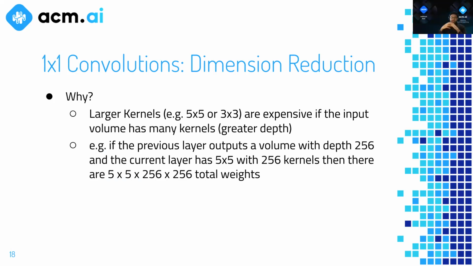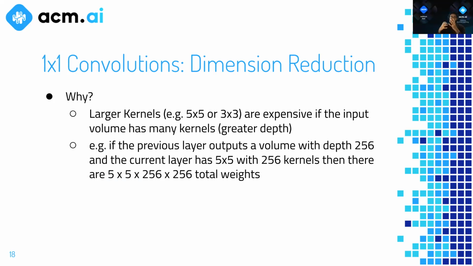So you can think of filters as volumes of weights, and you can think of kernels as slices of that volume. You would often talk about kernels in a 2D sense. When you define a kernel, you might say this is a 5x5 kernel or a 3x3 kernel.